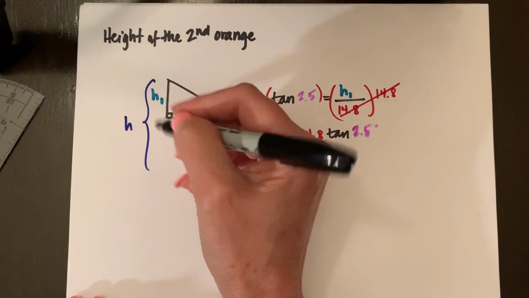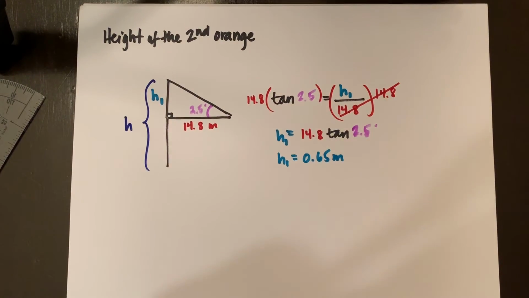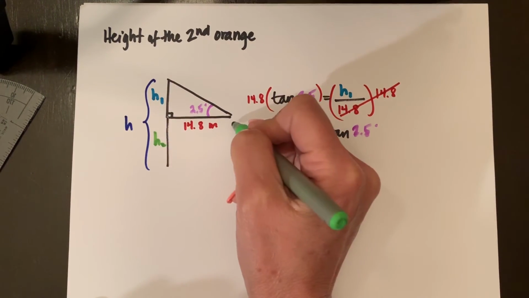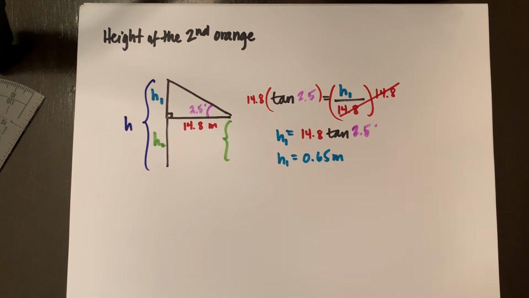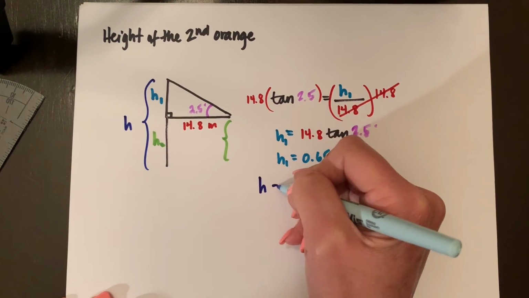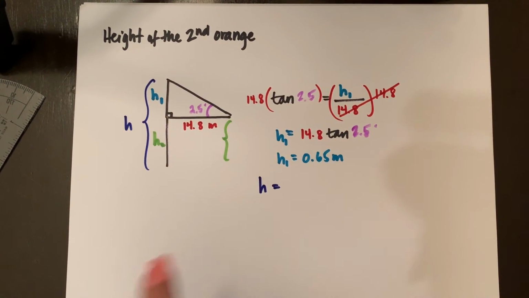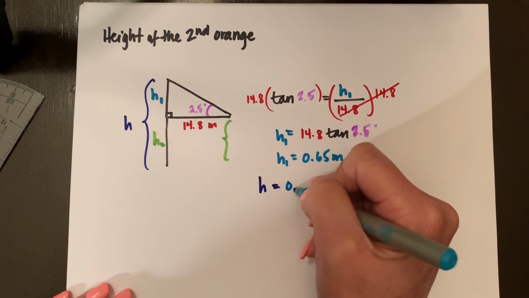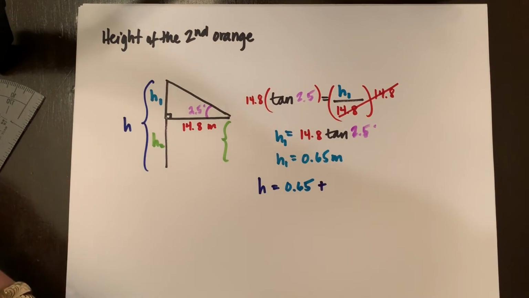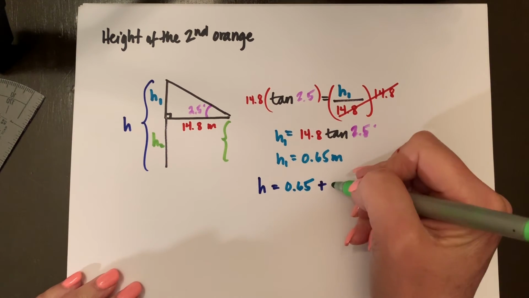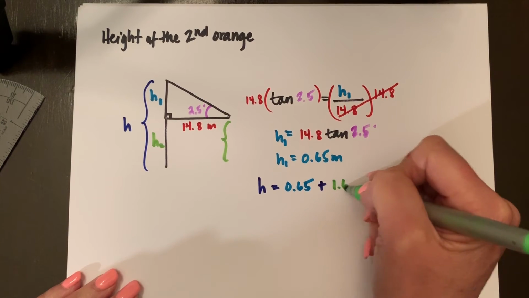And so we need to add to that the height from my eyes to the ground. If you recall, that was 1.66. So the total height of that orange is going to be this 65/100ths of a meter plus the height of my eyes from the ground, which was 1.66.